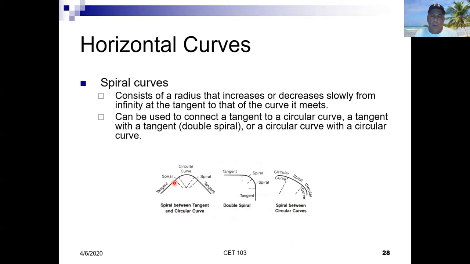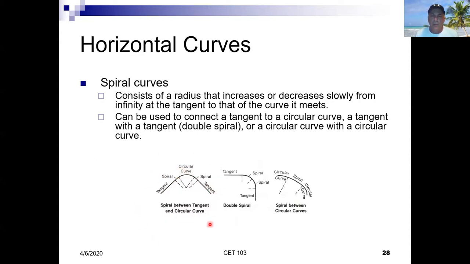You think about a railroad train, if a train was coming down here, this train had to make this transition here. Remember, a train is a big rigid piece of metal. It's not like a car that has a turn radius that's shorter. So therefore, the spiral curve sort of has to get prepared to move its way into the circular curve. So that is the reason for the spiral curve.